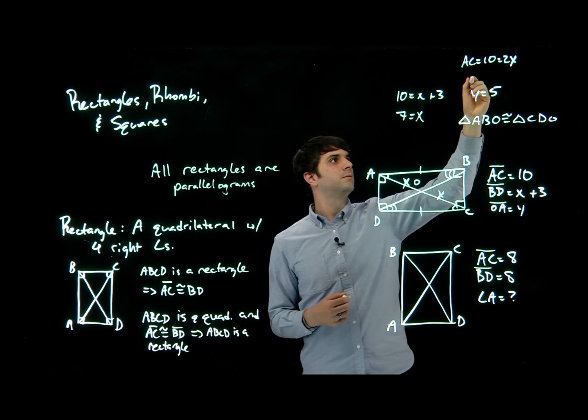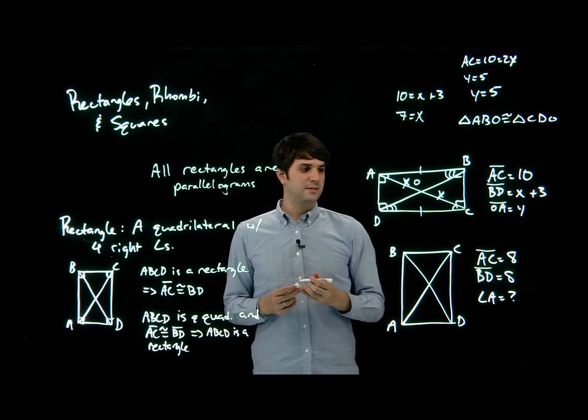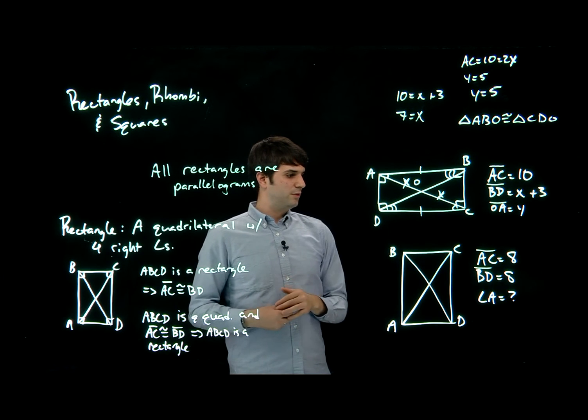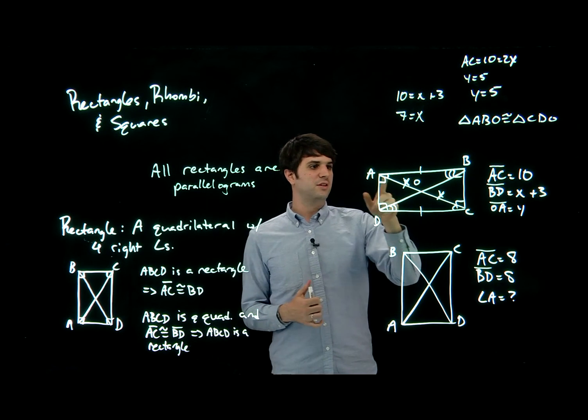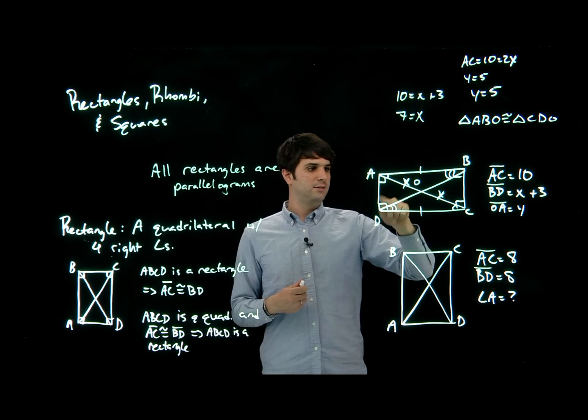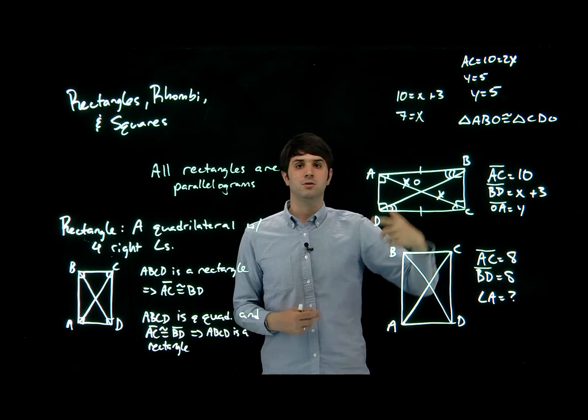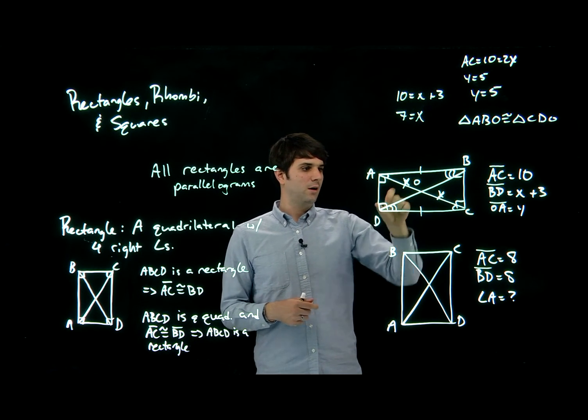Then Y is going to equal 5. That's how that works. And actually, it's not just AO that's 5. DO is 5, CO is 5, BO is 5. So all of these segments are 5.